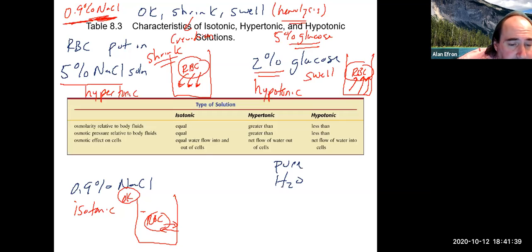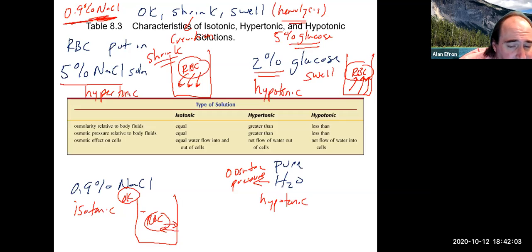Nothing bad would happen. Now, if we come over here to pure water, you may say to yourself, it's water, it can't be bad for you. In this case, it actually is bad for you. Water has 0 osmotic pressure, which means it is actually hypotonic in this case.